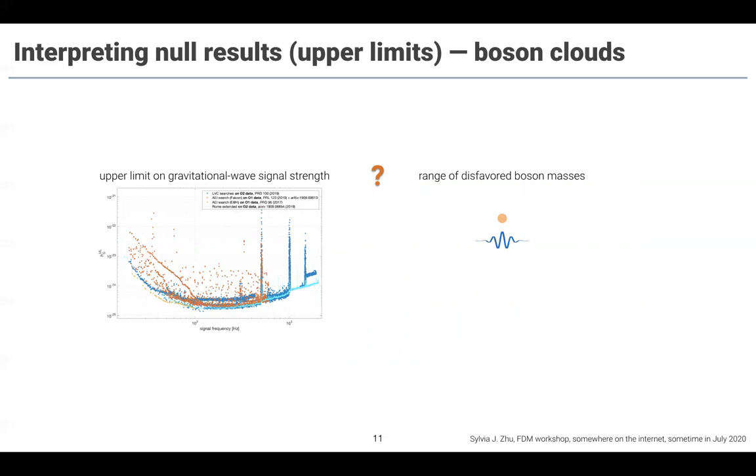This has a similar shape to those detector sensitivity curves I showed below, because how sensitive you are has to do with how sensitive your detector is at the different frequencies. So how do we get from our measured upper limits to something more concrete, like a range of disfavored boson masses?